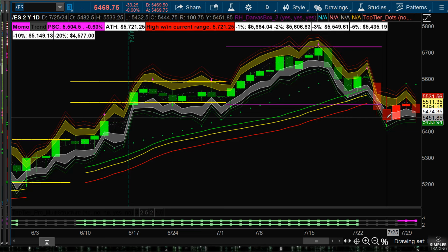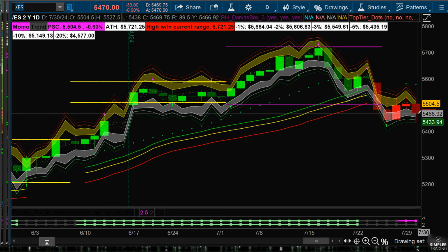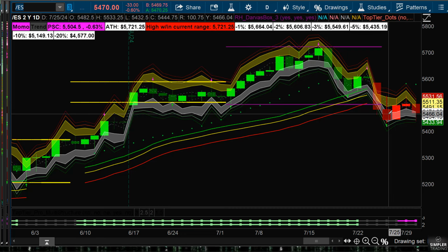As long as we stay above 5432.5, this pattern is intact, and that minor low can tell us if we're shifting to possibly having to reset the pattern and look for a new one. Today's low here on Tuesday, the day in front of the FOMC, was 5438, so the pattern is intact. The next part of it is, can we exceed the high of 5533.25?